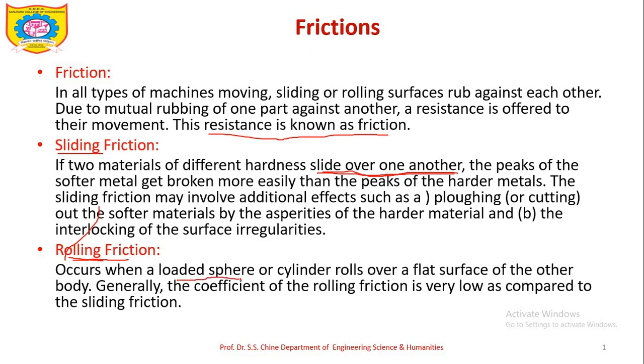A loaded sphere or cylinder rolls over the flat surface of the other body, and whenever we roll the loaded sphere on the flat surface, some resistance will occur, and this resistance is known as rolling friction. Generally the coefficient of rolling friction is very low as compared to sliding friction.